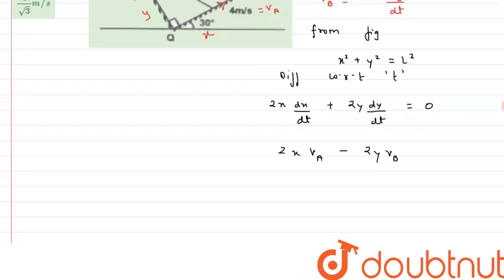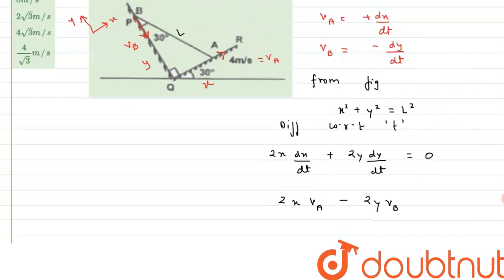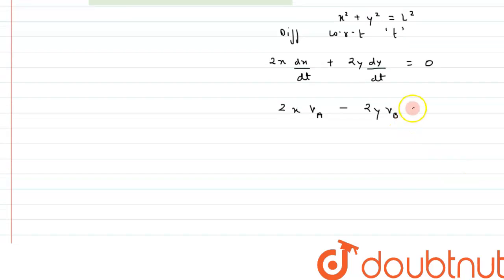Since dy by dt is negative in our case, that will be equal to 0. Therefore from here we can say x VA equals y VB, and we are interested in finding the value of VB, so VB equals x by y into VA.